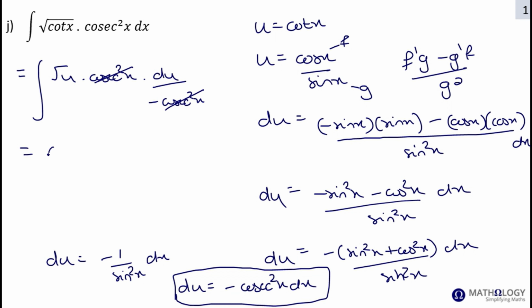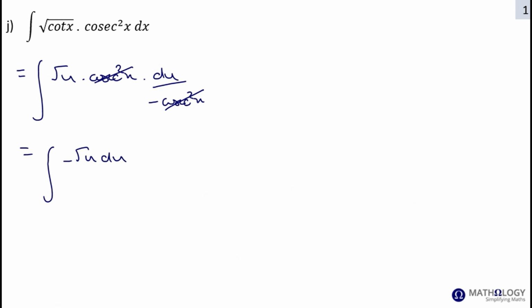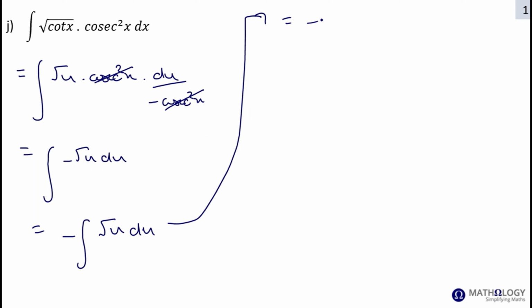So we have the integral of minus root u du. So we can pull out the minus, and we have minus the integral of root u du, equals minus the integral of u to the half du.